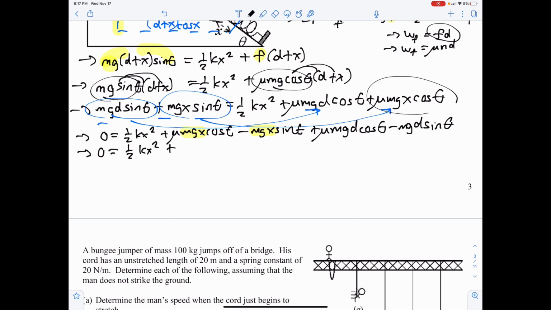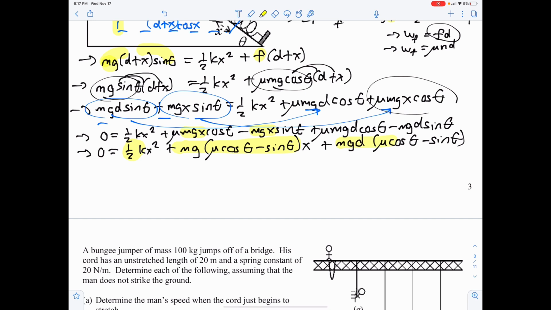So mg, and then inside I have mu cosine of the angle minus sine of the angle times x, plus I'm going to factor out an mgd here, and I'm left with mu cosine minus the sine. Okay, and why am I doing this? Because I'm setting up a quadratic equation where this is A, all of this is my B term, and all of this is my C term, and we can throw that into the quadratic equation.